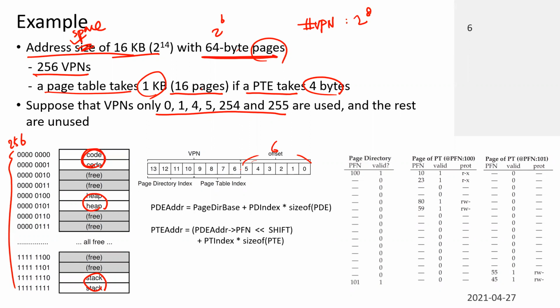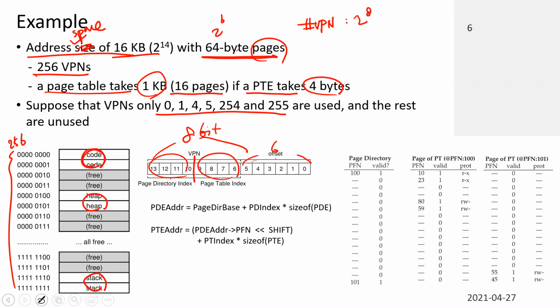And we have 8 bits for representing the VPN, and why don't we divide this 8 bits into 4 and 4? Considering the 4 bits in the page directory, this should be an index for the first level. And then we use the remaining 4 bits as an index for the second level in searching the page table. Okay, do you understand this?